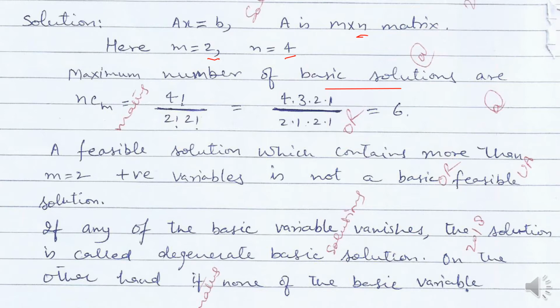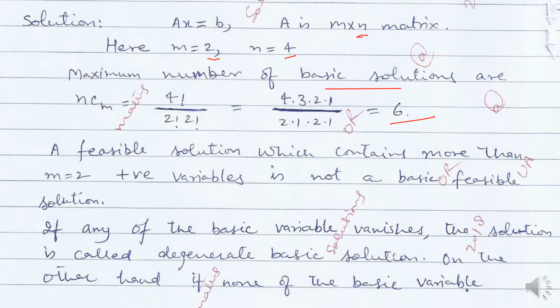M is 2, n is 4, so 4 factorial upon 2 factorial into 2 factorial, which comes to 6. So there are at most 6 basic solutions.